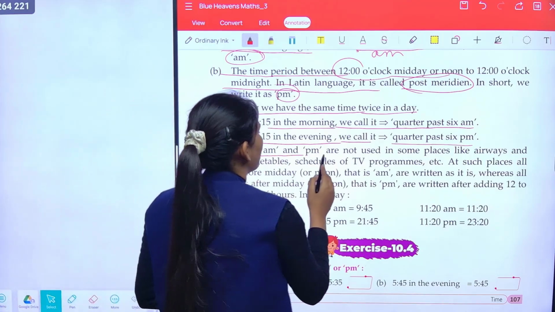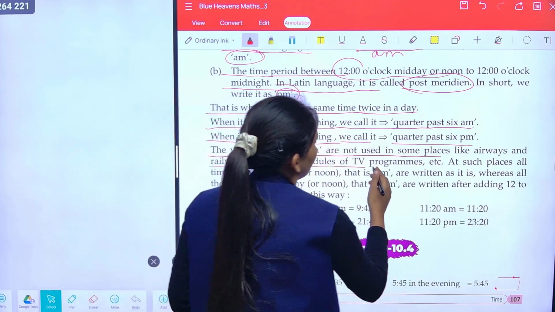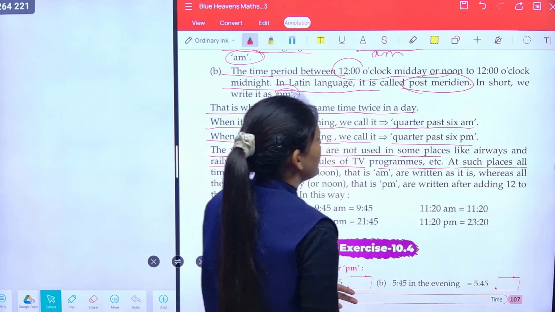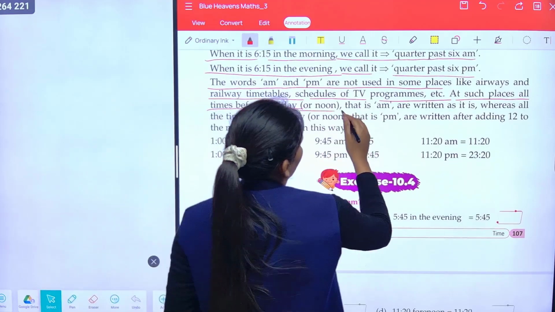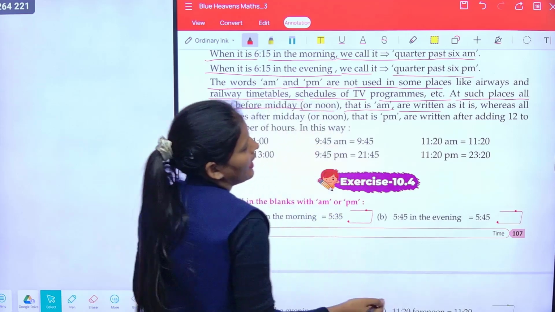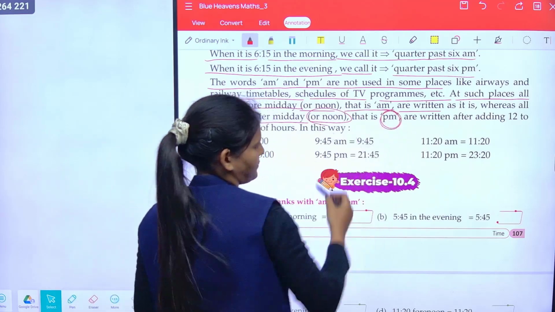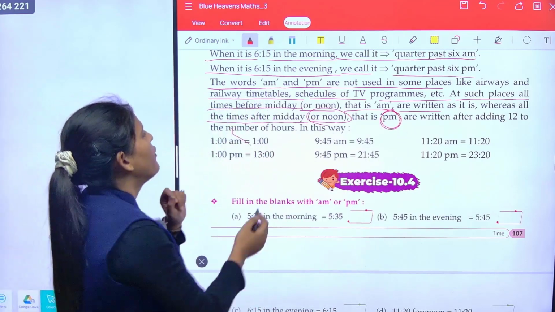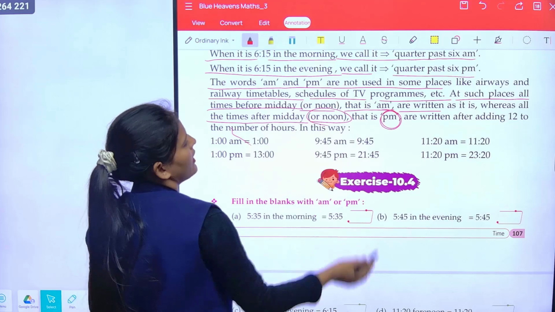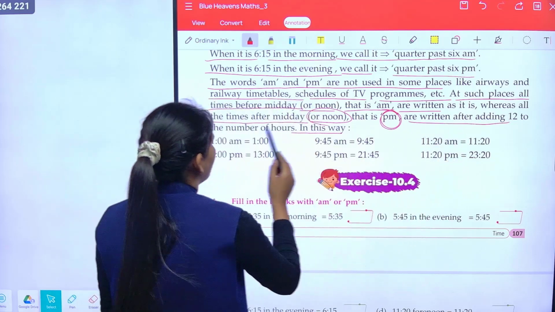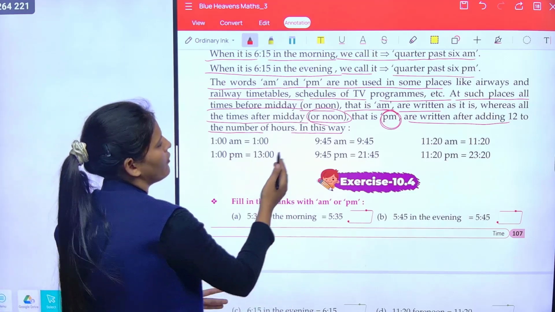The words AM and PM are not used in some places like airways and railway timetables, schedules of TV programs, etc. At such places, all times before midday or noon, that is AM, are written as they are, while all times after midday, that is PM, are written after adding 12 to the number of hours in this way.